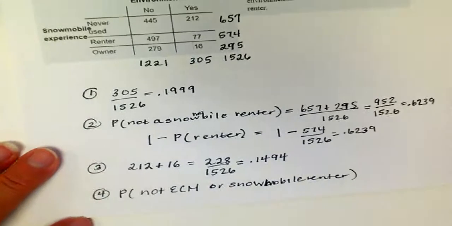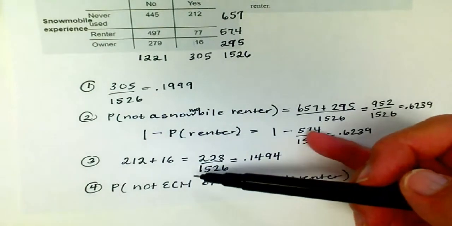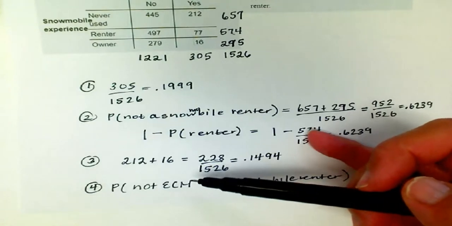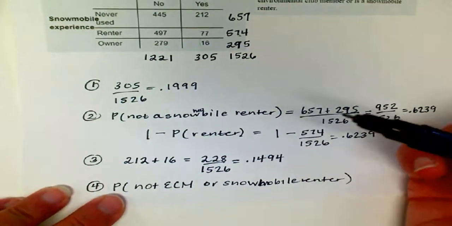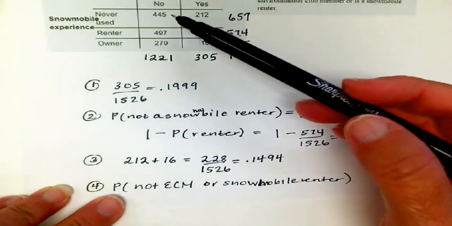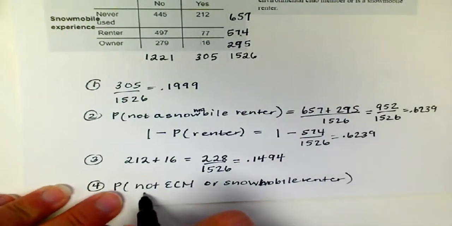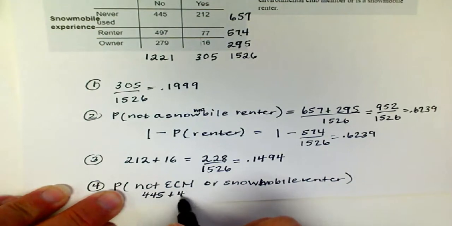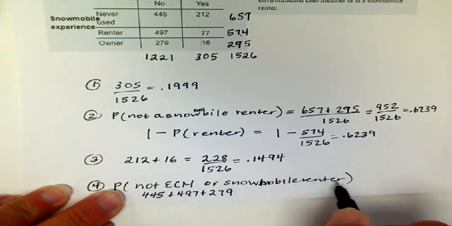So what you could do here, what's the probability that you're not an environmental club member? So that would be 445, 497, 279. I'm kind of just going through here and marking down. Here's your not. And then the last one is you are a snowmobile renter.